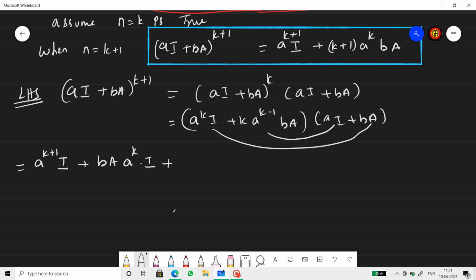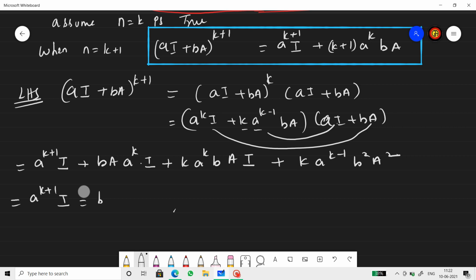So we get k A^k BA into I. So k A^(k+1) into A, that's A^(k+1), plus A^(k-1+1) A^k B and then BAI, plus k A^(k-1) B squared A squared. Right? Okay.